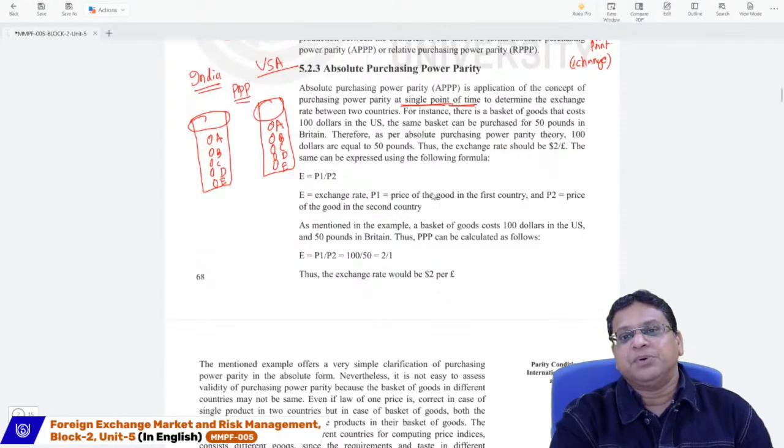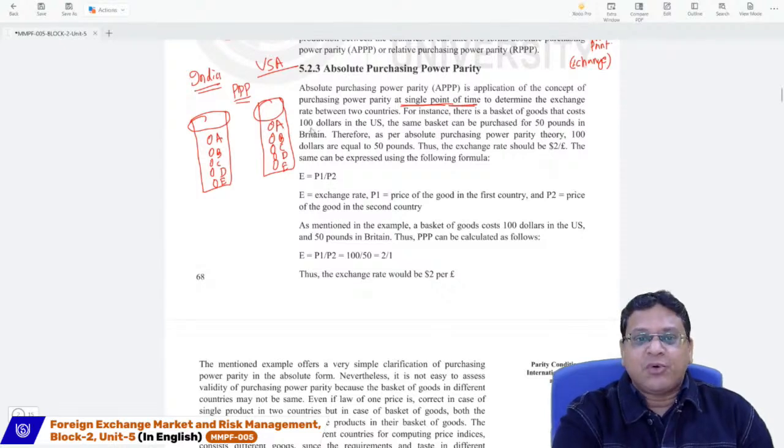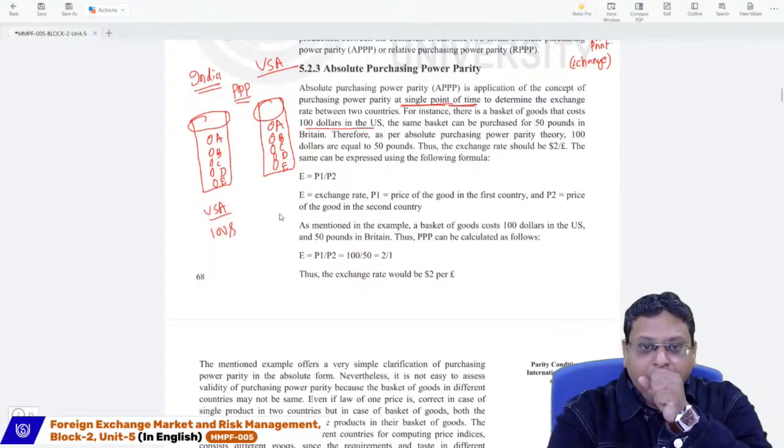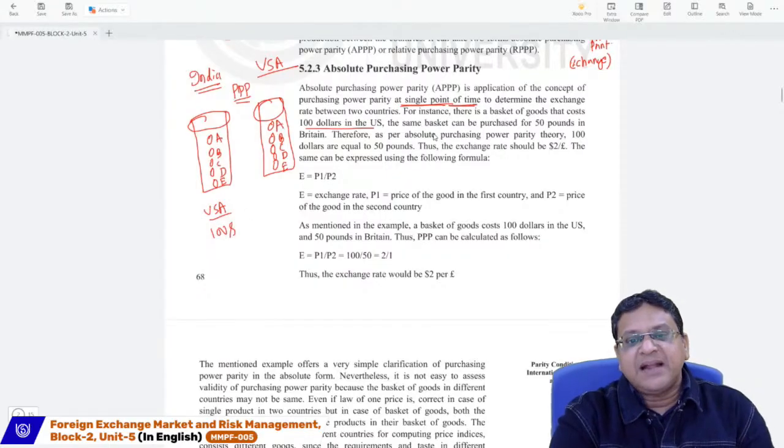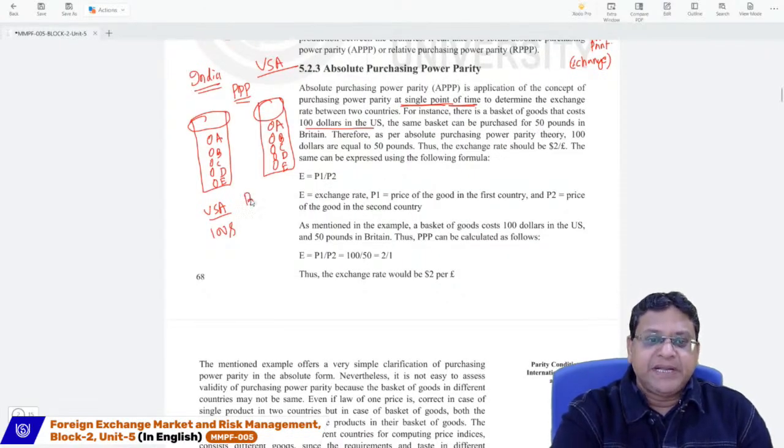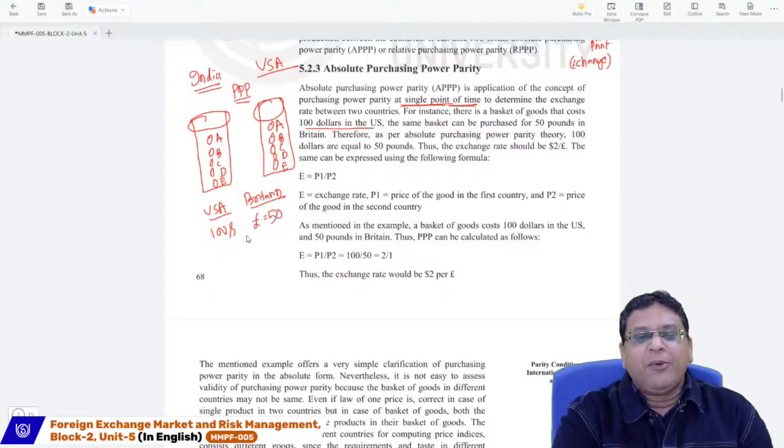Let's take an example. For instance, there is a basket of goods that costs $100 in the US. In the USA, a basket costs $100. And the same basket is purchased at 50 pounds in Britain. In Britain, the cost is 50 pounds. Now, what does the law of one price tell?